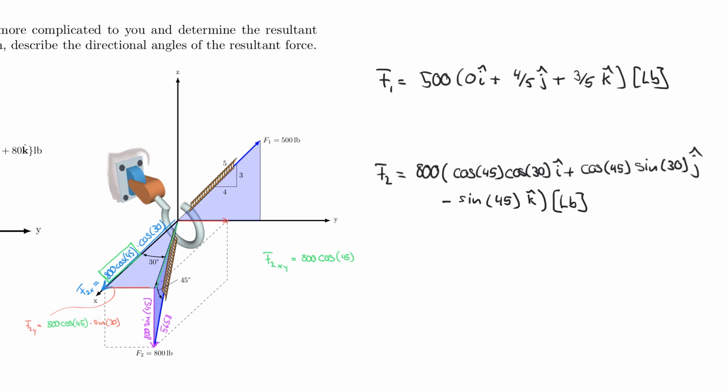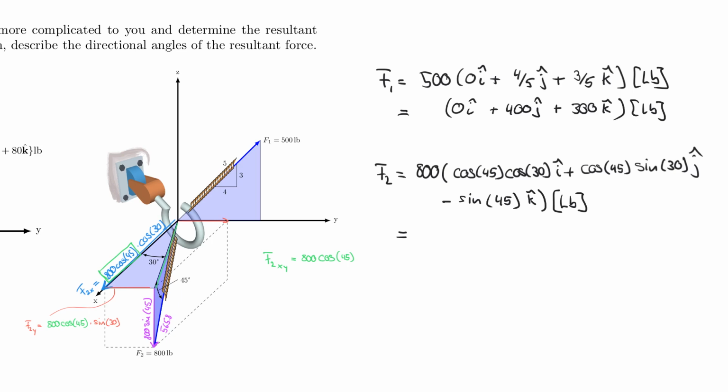So for example, if I do that for F1, I would end up with something like 0 i hat plus 400 j hat plus 300 k hat. Very clear numbers. You see that I don't even need a calculator for those. That is different for the next one. I definitely need a calculator for that one.